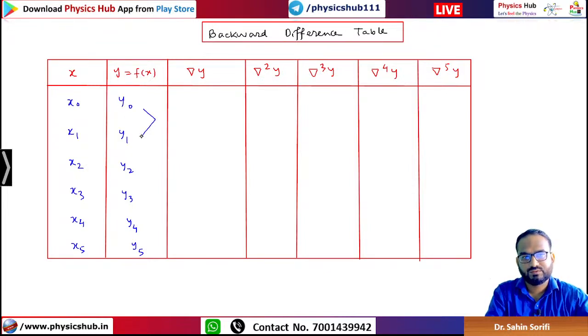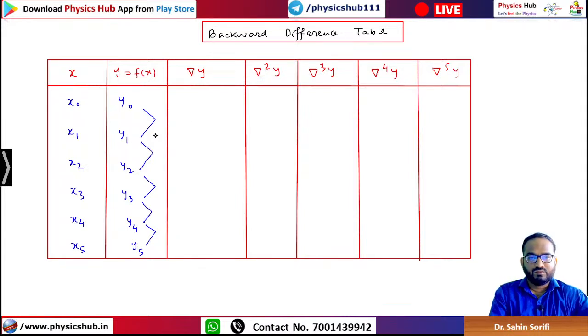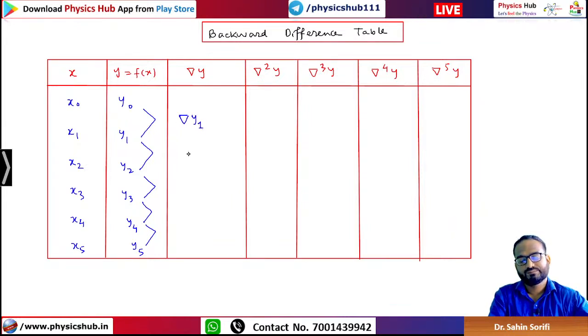From these two you will get values. Here you see y1 minus y0 will be termed as nabla y1, not nabla y0. We are taking the backward difference. y5 minus y4 is nabla y5, here nabla y4, here nabla y3, here nabla y2.